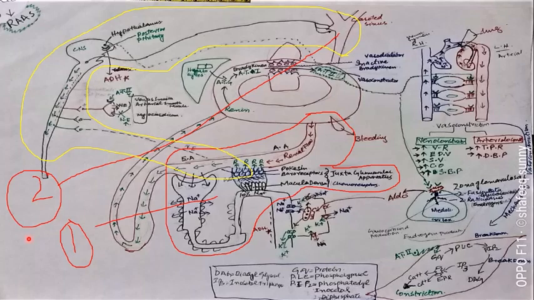So, the functions of renin. What are the functions of renin? Renin is an enzyme. Definitely it works on a substrate. Renin goes to the circulatory system, or the systemic circulation.